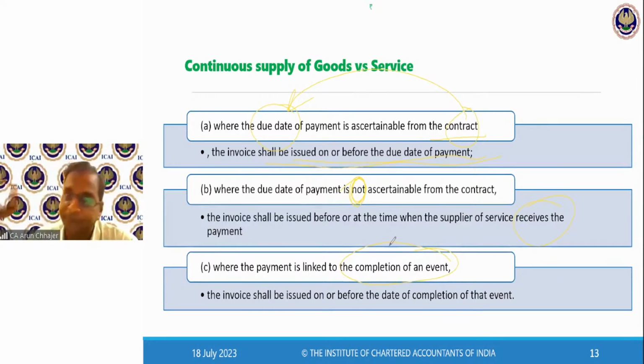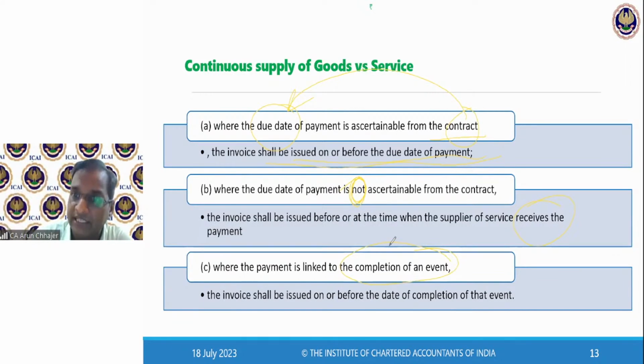In this case, I can say the payment is linked to the completion of an event. So what is the time limit to issue the invoice? That will be when the event is completed, the invoice has to be issued.